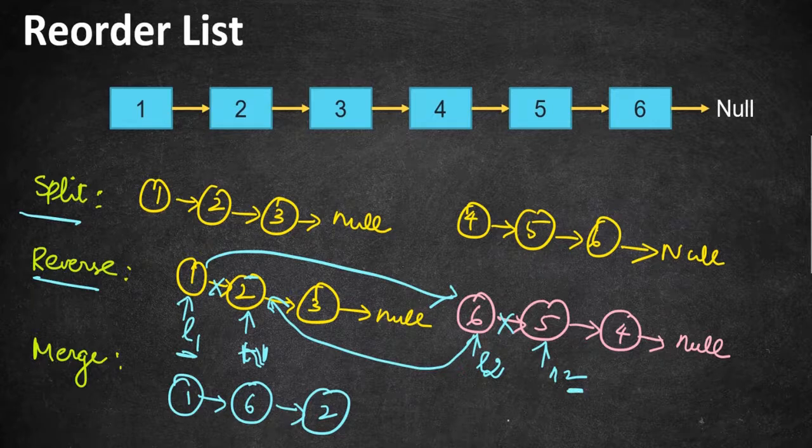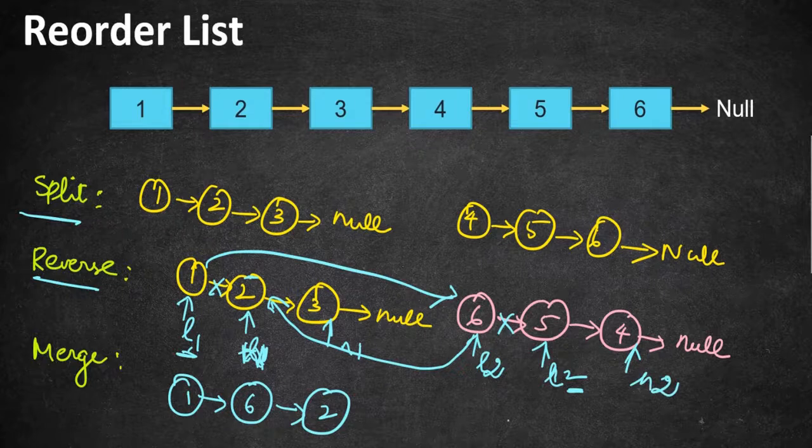Once we have done this, after every iteration the pointers move one step ahead. So now this becomes the L1 pointer and N1 here. The same way, L2 becomes this and N2 becomes this.